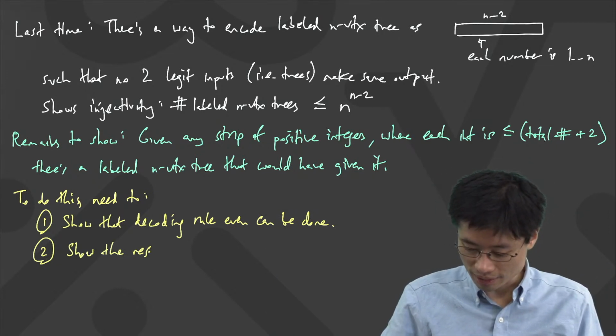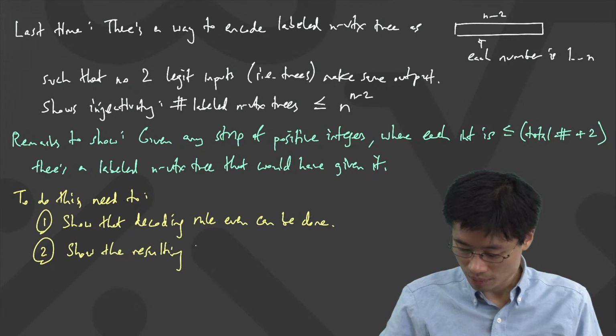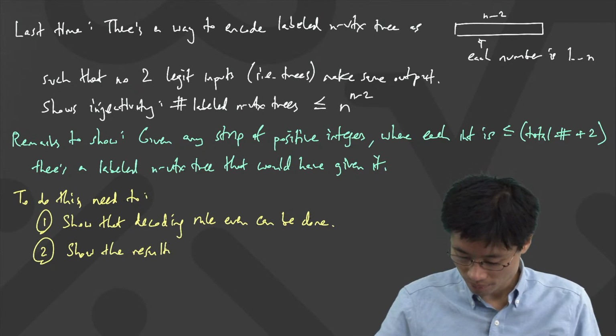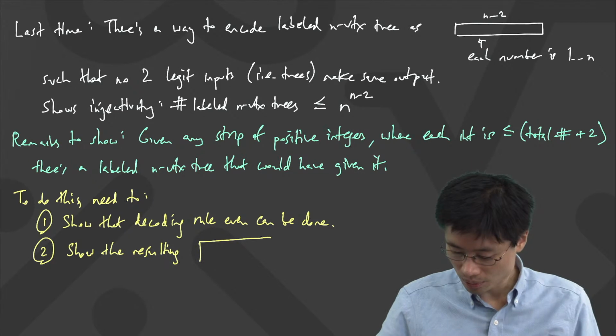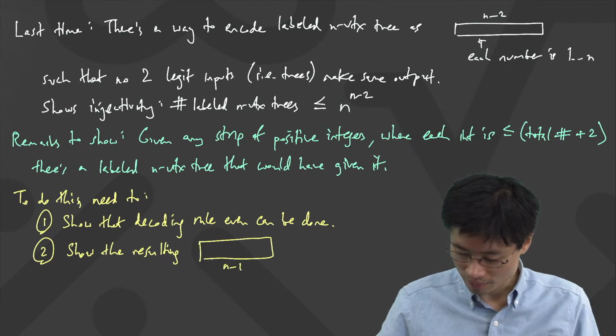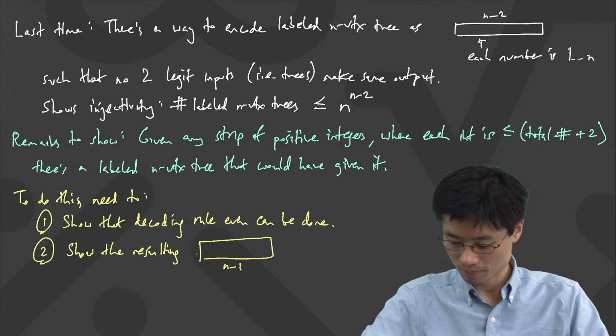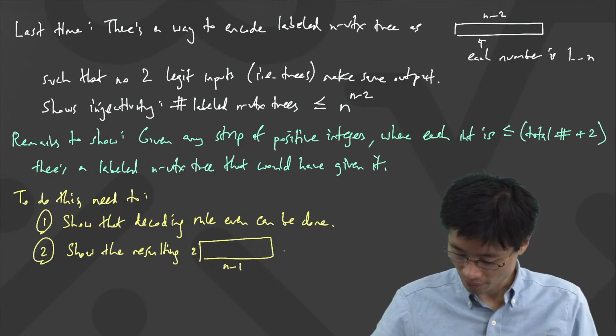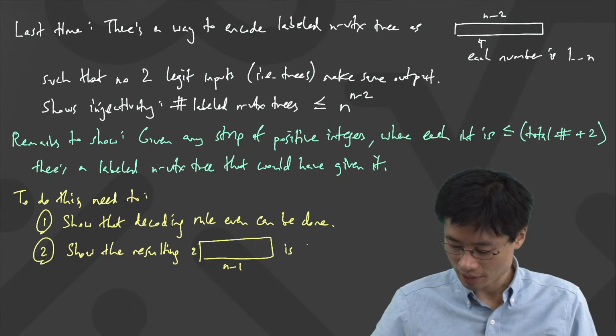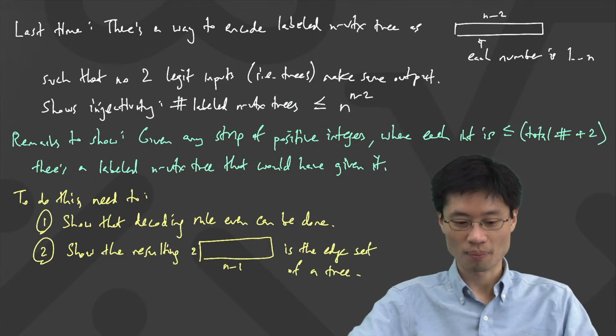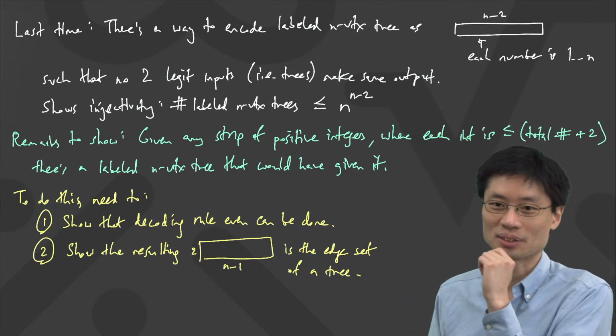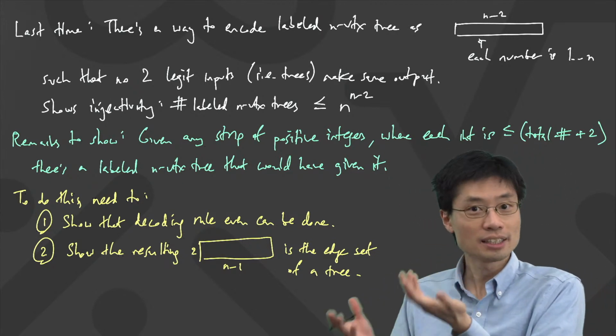Show the resulting 2 by n minus 1 thing is the edge set of a tree. Okay, so I got to get these 2 things. And if I did these 2 things, then I'm done.